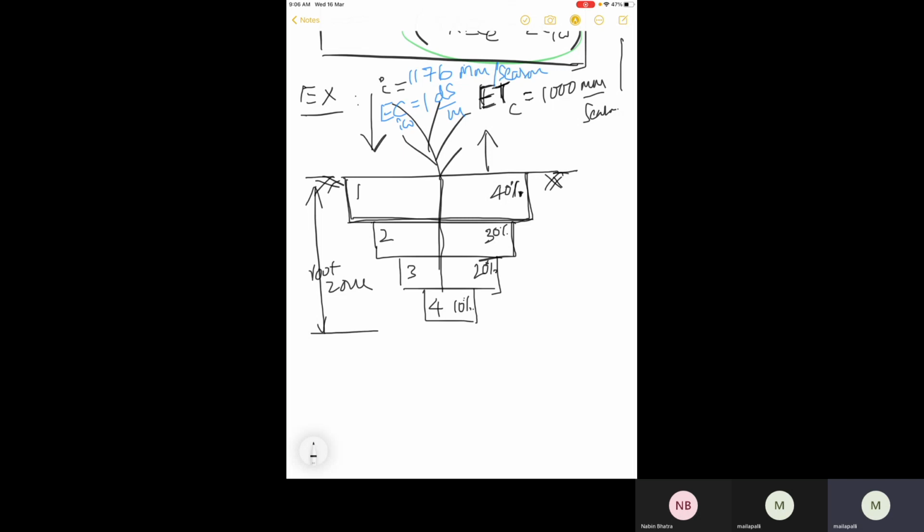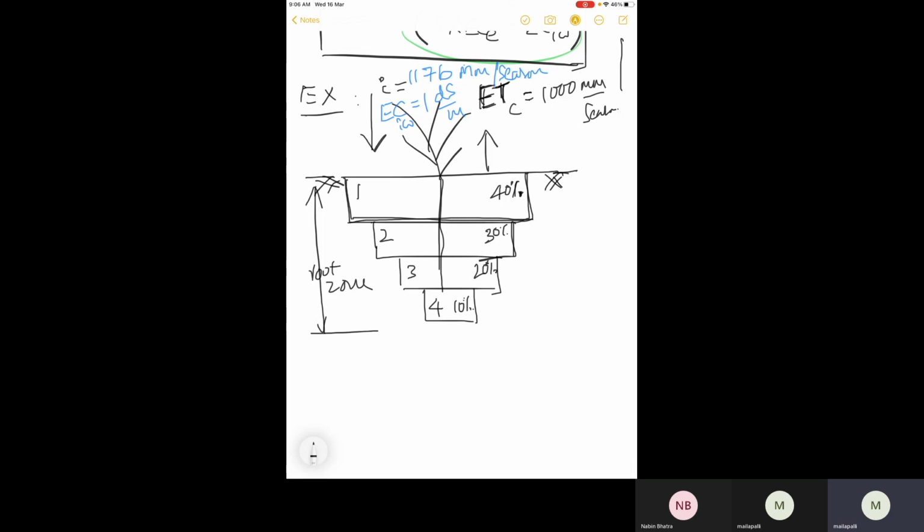So the question here is, considering the whole root zone as one layer, find out what is the soil salinity, and what is the individual soil salinity, right? When you apply irrigation water at 1 decisiemens per meter.